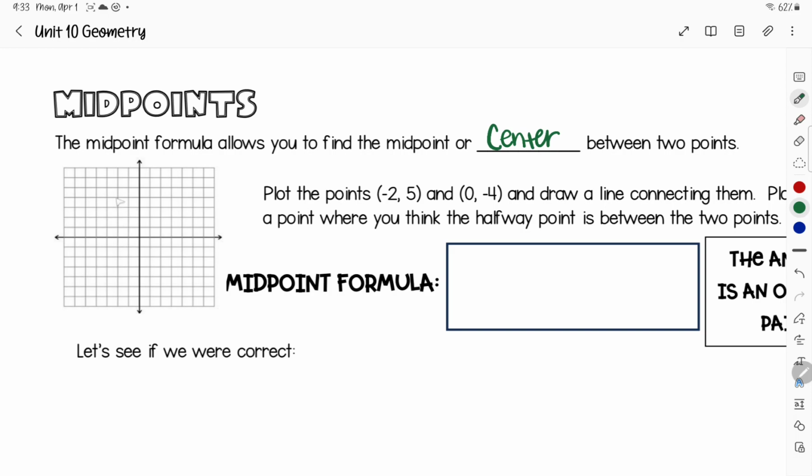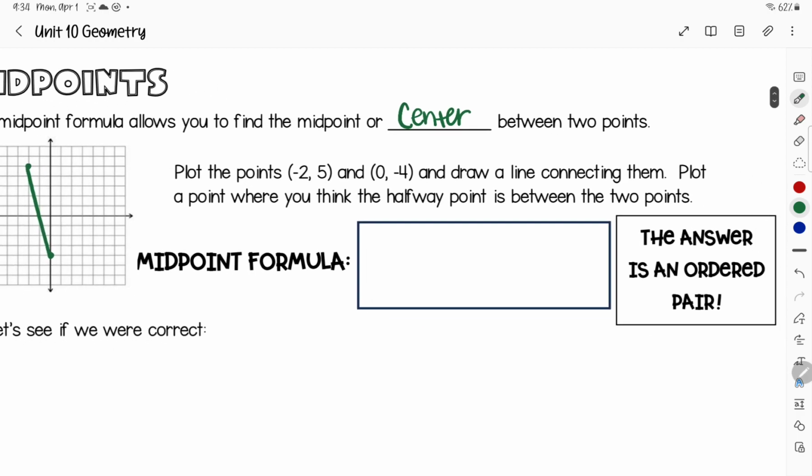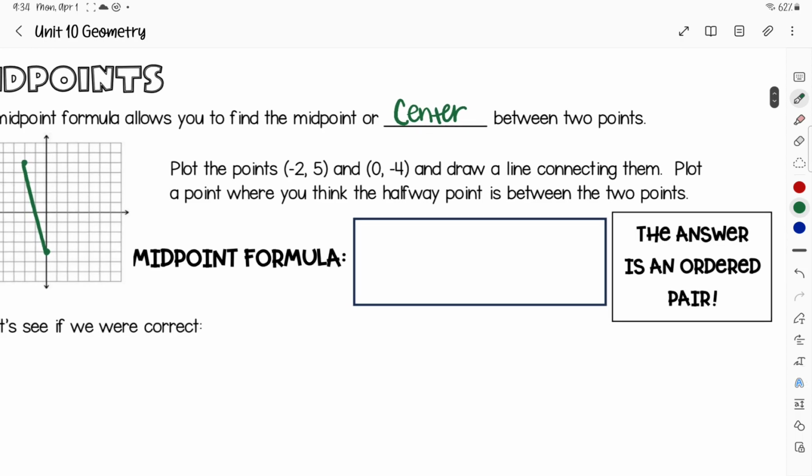Negative 2, 1, 2, 3, 4, 5, right there. 1, 2, 3, 4. And then just use the edge of your binder or whatever, because there's only a couple of straight lines you need to draw. So there's really no point handing out rulers.